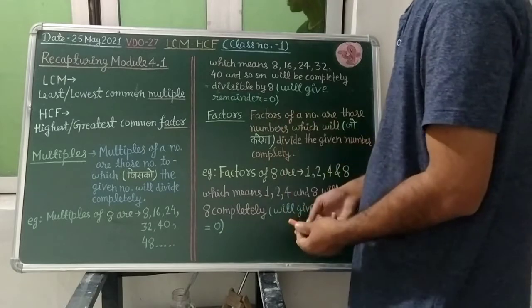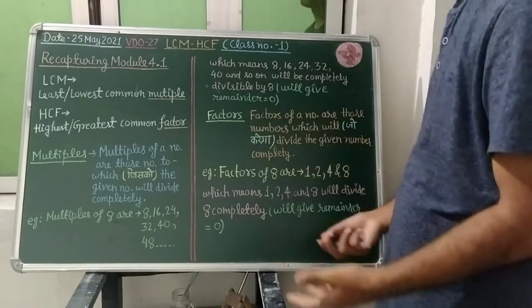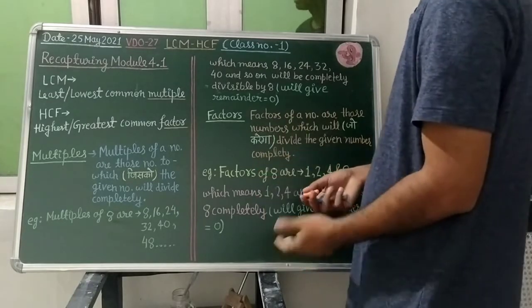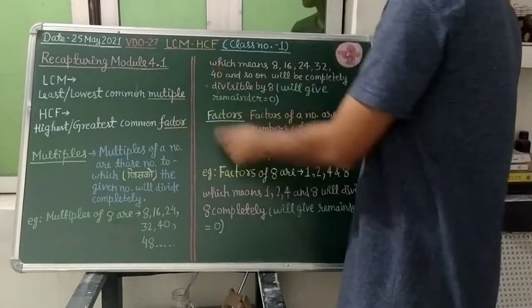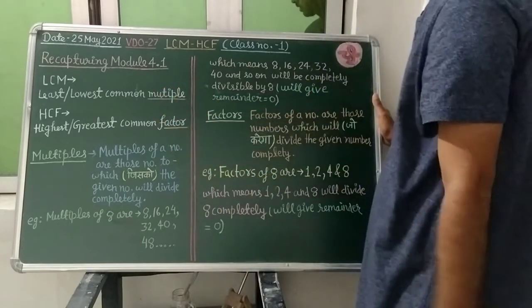So we want to study this LCM and HCF. You will be aware of the least and highest things, and common also, but we get confused about what the multiples and factors are.